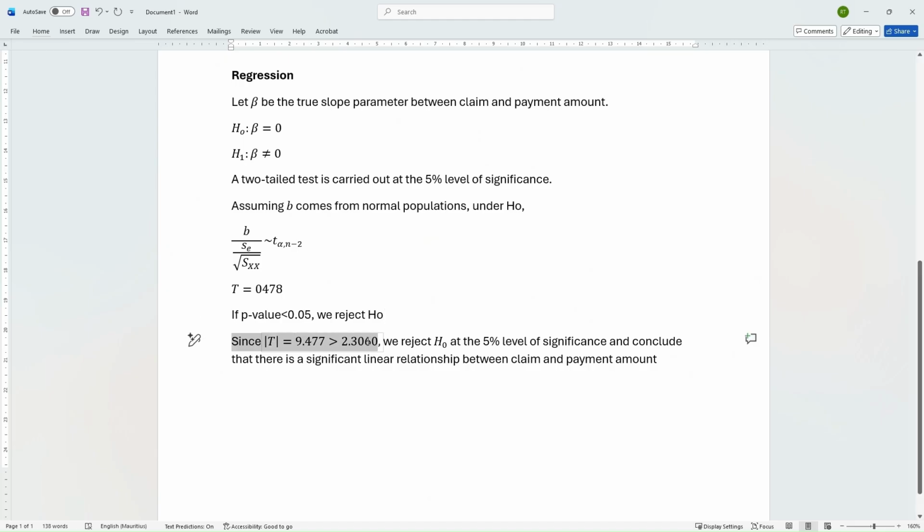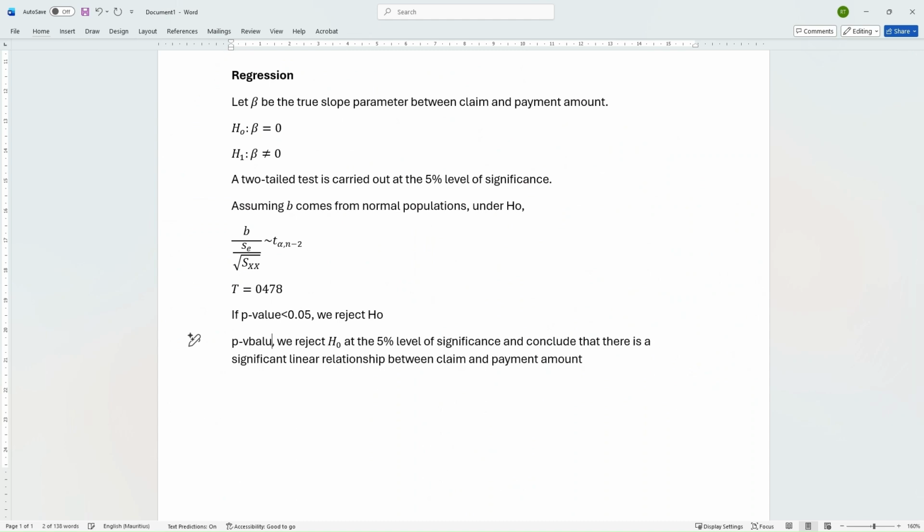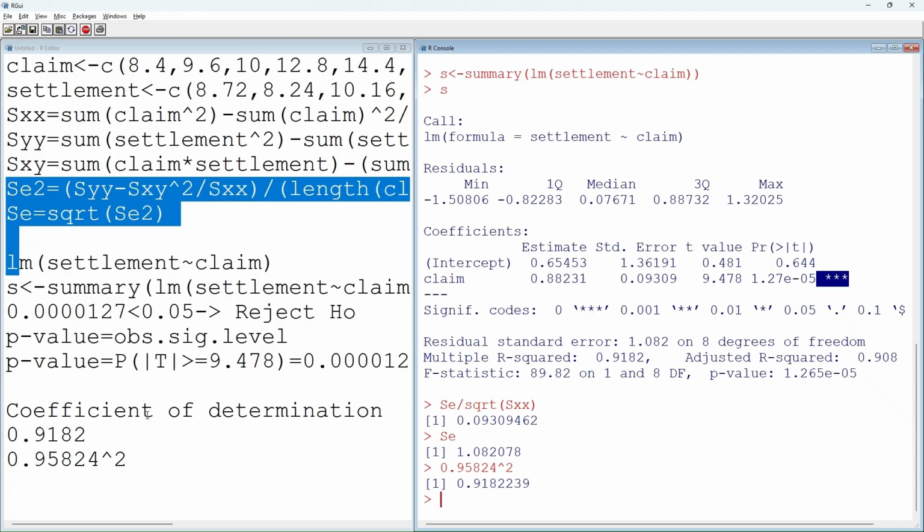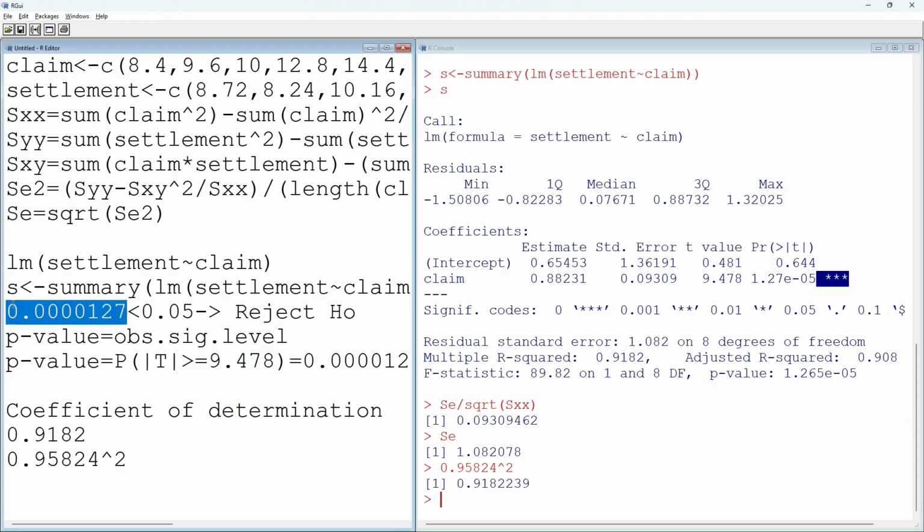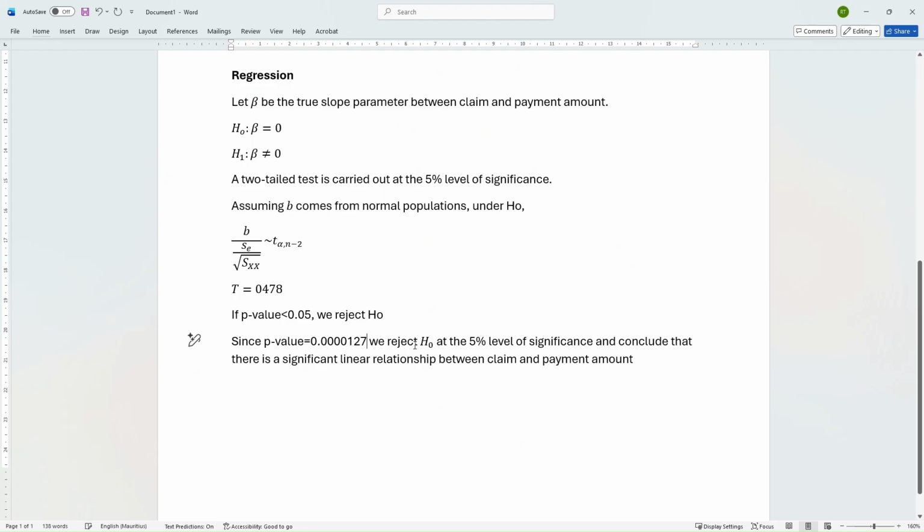Since I'm not working in terms of critical value now, I will say since p-value equal to this, less than 0.05, we reject H naught at 5 percent level of significance, etc. The same conclusion. So there are only a few amendments to do here.